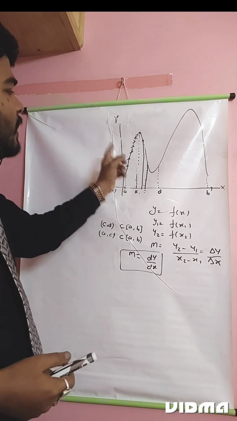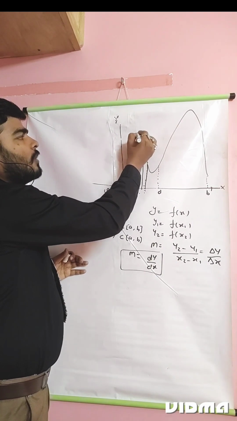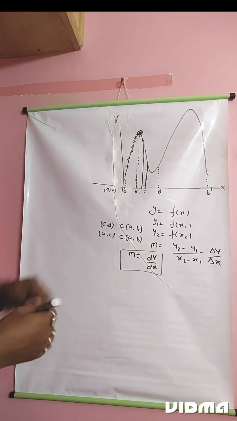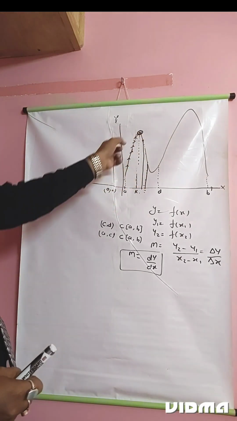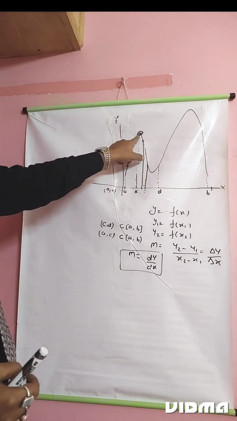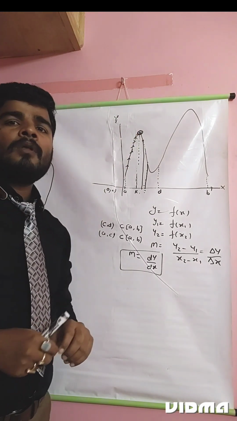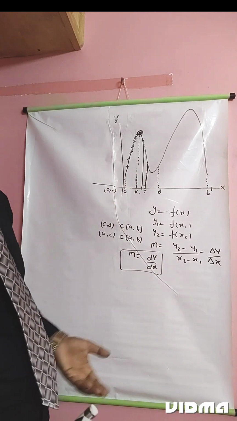So between increasing and decreasing, we get a point K. K is the point where the curve changes its nature. Before K, the curve is increasing, and after K, the curve is decreasing. This is called a critical point. We have also covered some definitions in physics in class 10th, 11th and 12th.